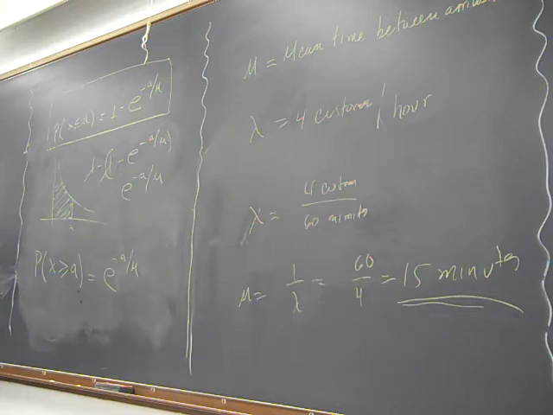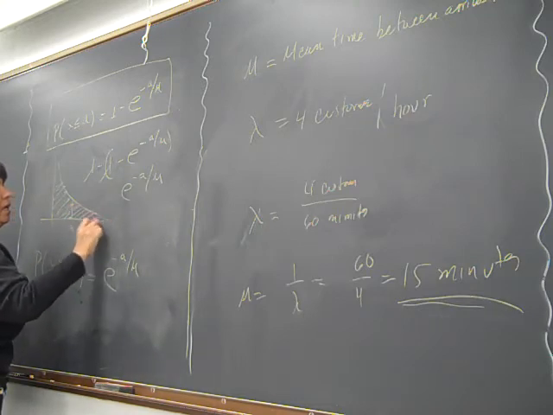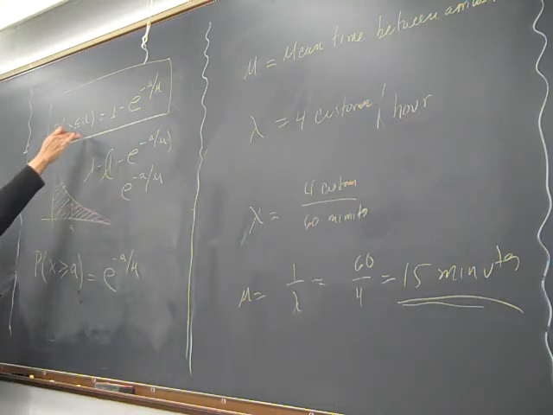I need you to go over that one more time. Since I want to know the probability that x is greater than or equal to a, I'm looking for the right side. And since the whole area is equal to 1, I'm looking for this one, right? I have that this one is equal to this one.